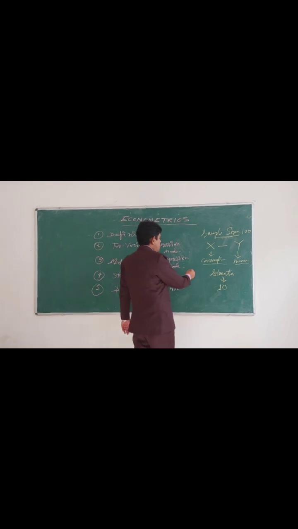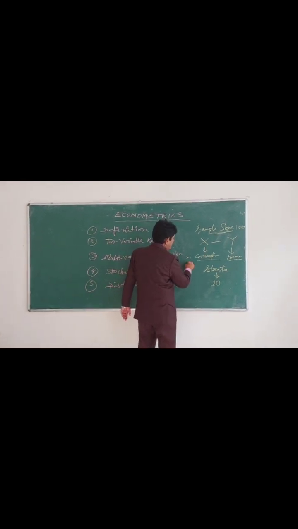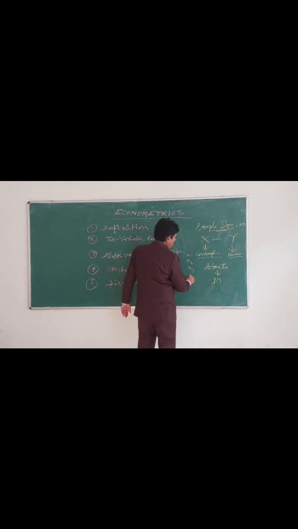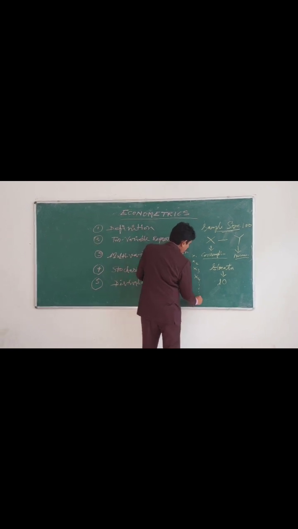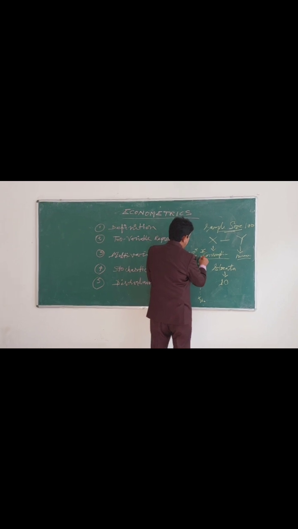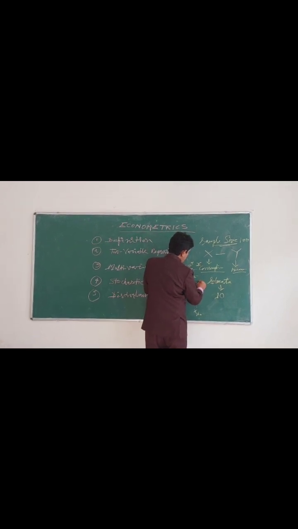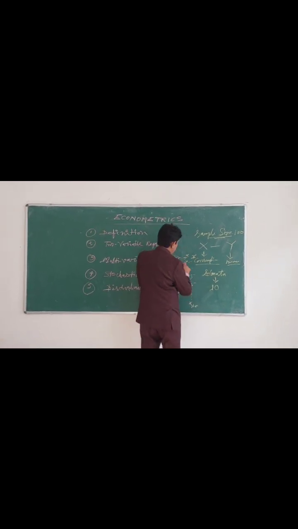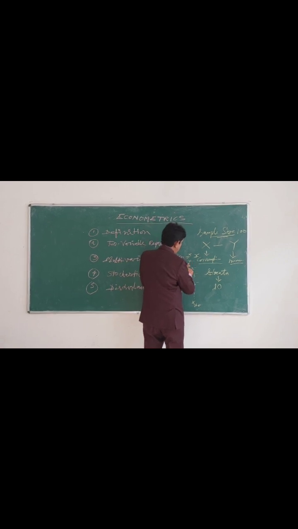Let us suppose X1, X2, X3, X4, and in this way we shall have X100. Similarly, we shall have the corresponding Y1, Y2, Y3, Y4, up to Y100.